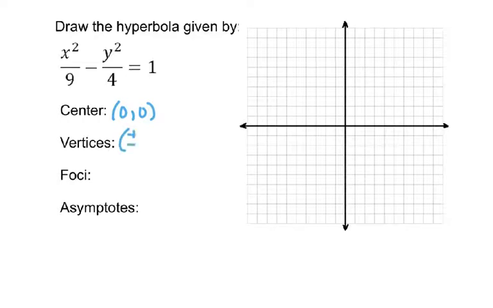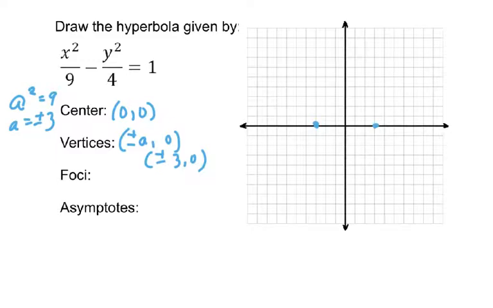So it's going to be plus or minus a, 0. A squared equals 9, so a is plus or minus 3. So we have plus or minus 3, 0 as our two vertices. So 1, 2, 3, and then 1, 2, 3. We'll go ahead and count those out.